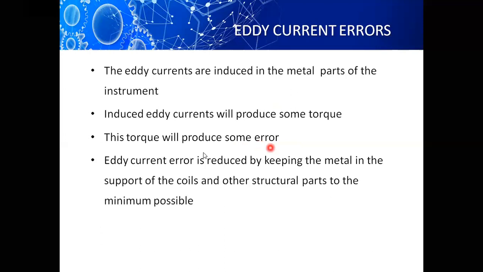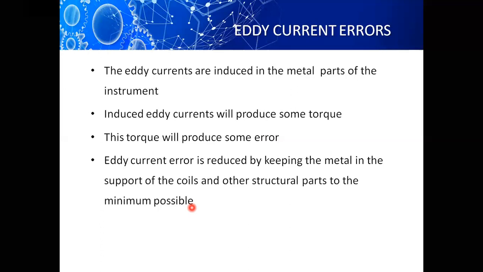In order to reduce these eddy current errors, we will try to reduce the metal parts. How? By keeping the metal in the support of the coils and other structural parts to the minimum possible extent. So we are going to reduce the metal parts. That means we are not going to have a core for the fixed coils, or a metal core for the moving coil. Why do we use ceramics if we require a support system? We use ceramics.